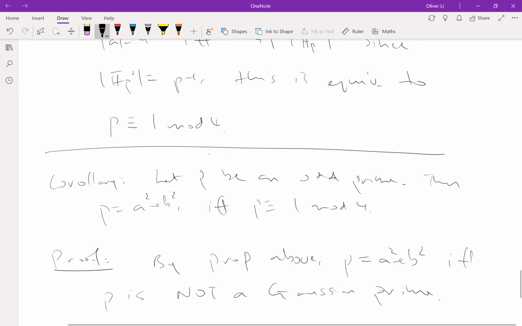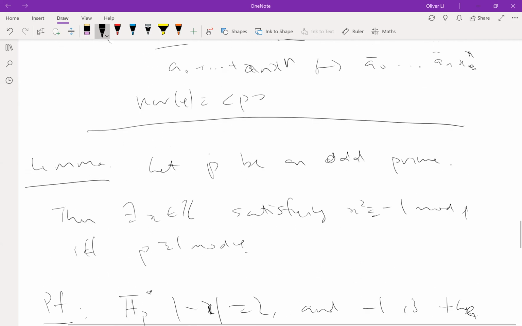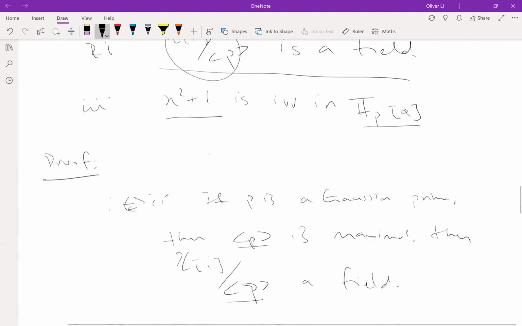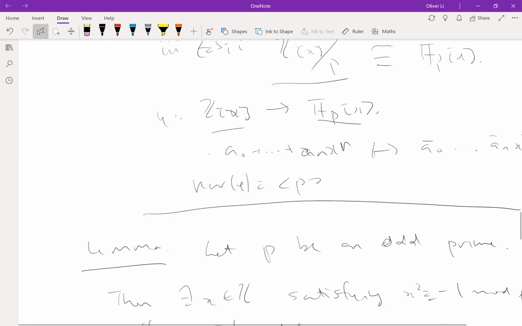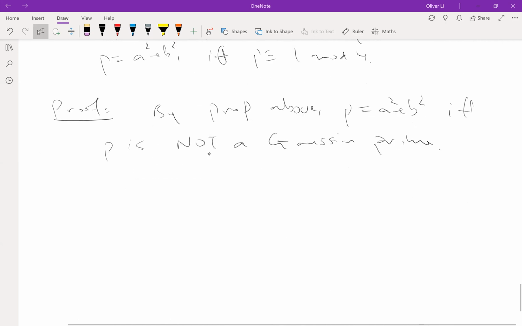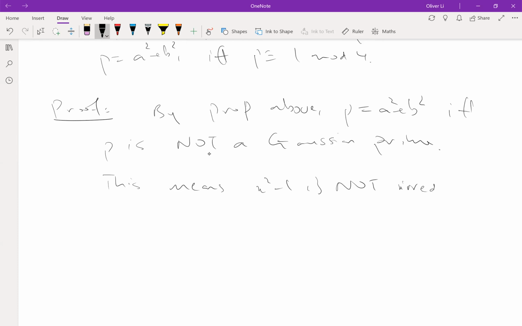By this lemma up here, that means x squared minus 1 is not irreducible, i.e. it is reducible over the finite field of order p.